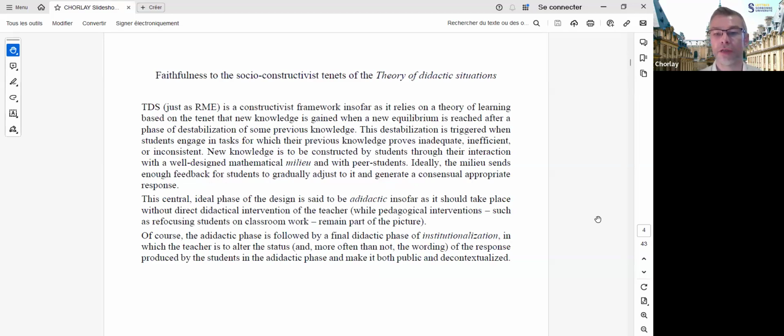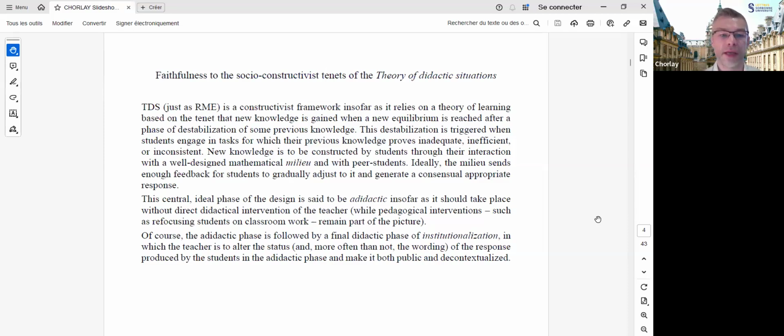This destabilization is triggered when students engage in tasks for which their previous knowledge proves inadequate, inefficient, or inconsistent. New knowledge is to be constructed by students through their interaction with a well-designed, but I insist on it, an artificial mathematical milieu and interaction with peer students.